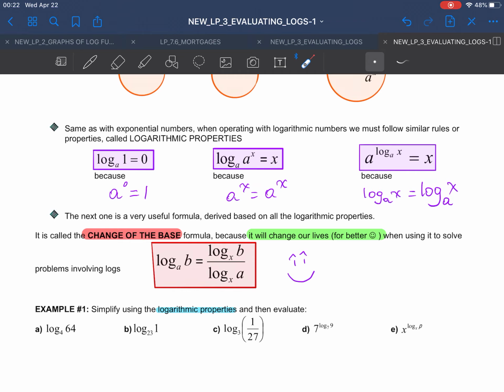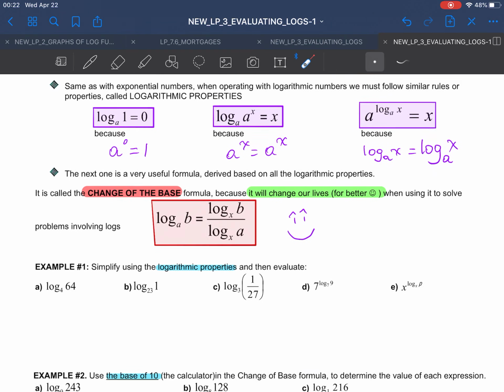So look at it as a form of division for log a b. Okay? So we're going to practice all these properties and our new formula to simplify a few log expressions.